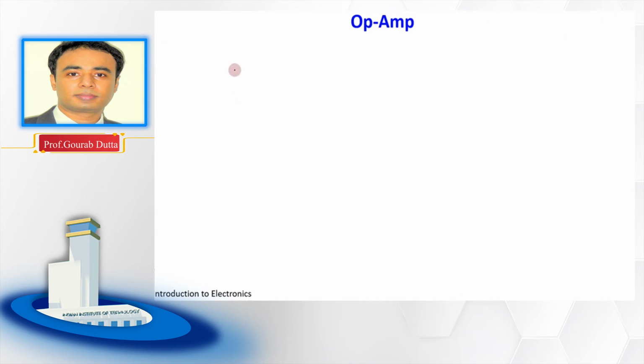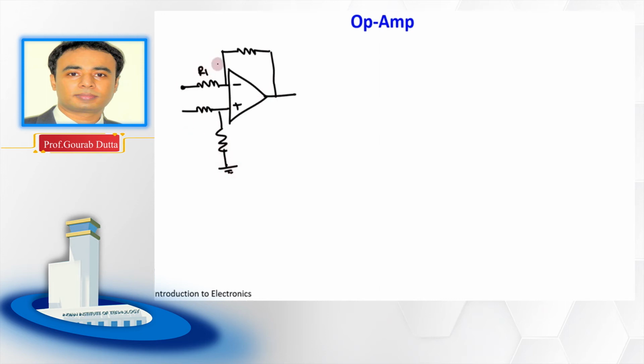So maybe we will quickly draw the difference amplifier circuit again. This is one resistor, here we have another resistor, we have one resistor here, and another resistor here, right?